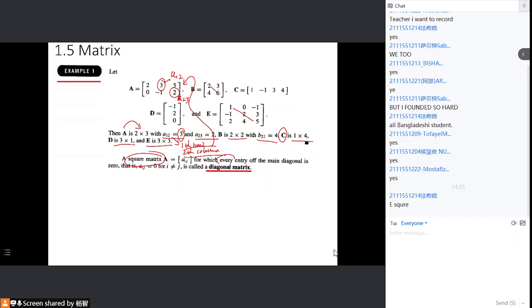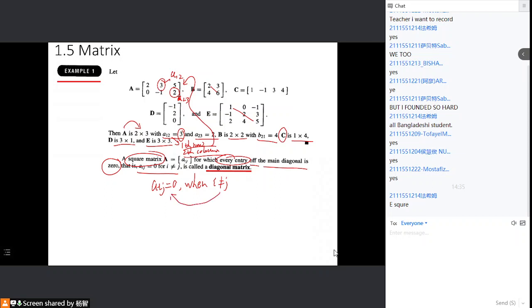Now we describe the square matrix A for which every entry except the main diagonal is 0. It means Aij equals 0 when i is not equal to j.